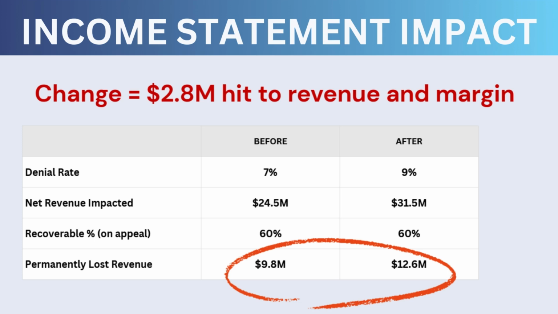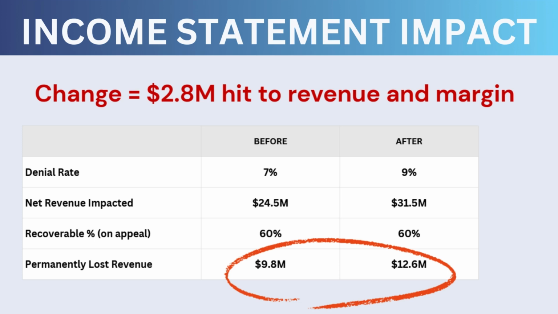Now, not every denial is going to be a permanent loss of revenue because in some cases you can appeal. So we are going to assume in this example that 60% of these denials are going to ultimately be recoverable. So that means that 40% of the 24.5 million and 40% of the 31.5 million are going to represent permanently lost revenue.